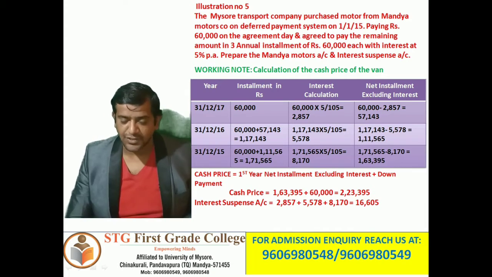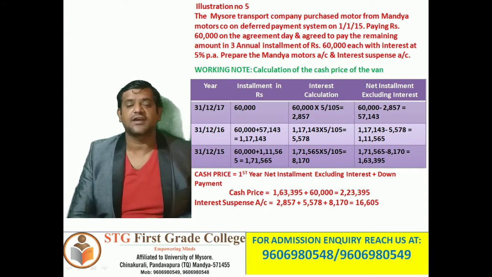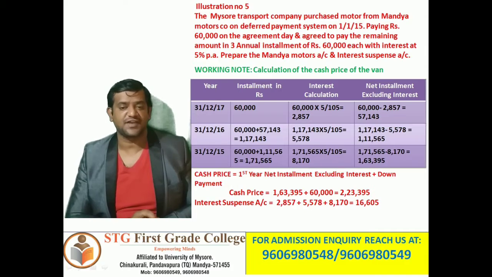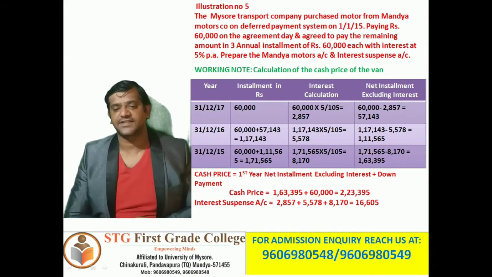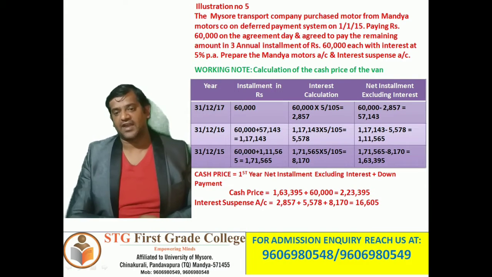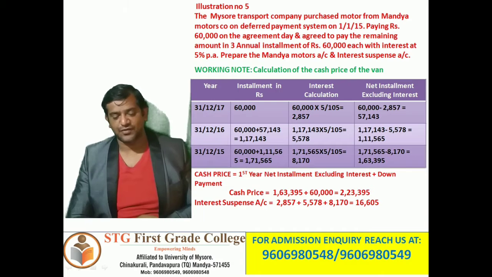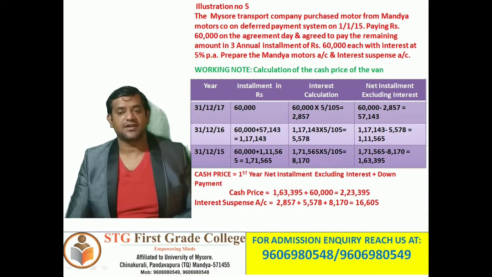Then the first year, 31/12/2015. 60,000 plus 1,11,565 comes to 1,71,565. Total 1,71,565 rupees into 5 divided by 105. That comes to 8,170.